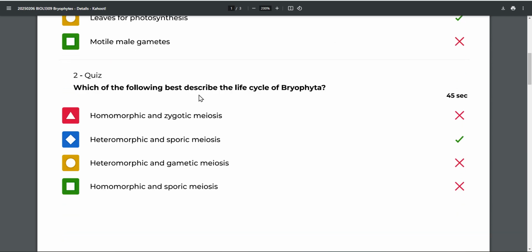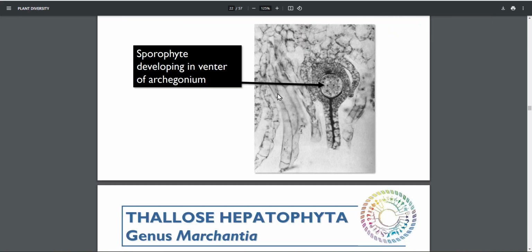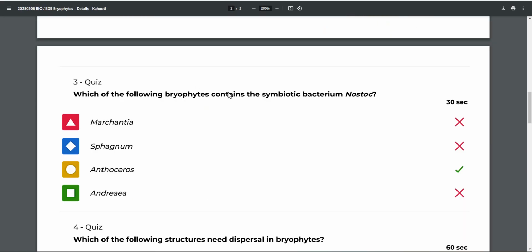Second, which of the following best describes the life cycle of Bryophyta? They're heteromorphic, which means the gametophyte and the sporophyte have distinct morphology, and sporic meiosis, the alternation of generations, which means gametophytes produce gametes and sporophytes produce spores. Next, which of the following bryophytes contains the symbiotic bacterium Nostoc?